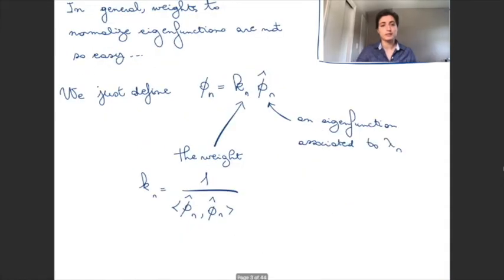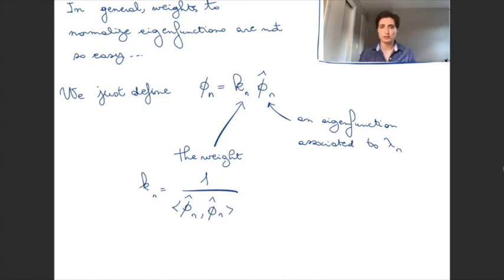In order to rescale it, we need to rescale the eigenfunction by a constant kn. This is a weight that is 1 over the thing that we have just computed. Just pointing out, it's not always possible to normalize eigenfunctions.